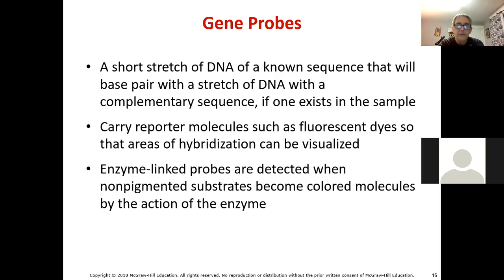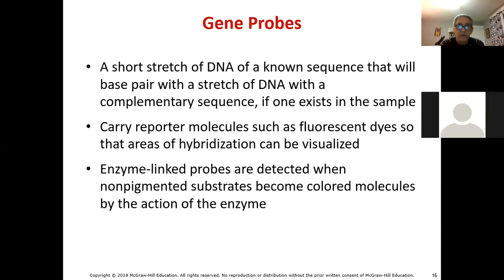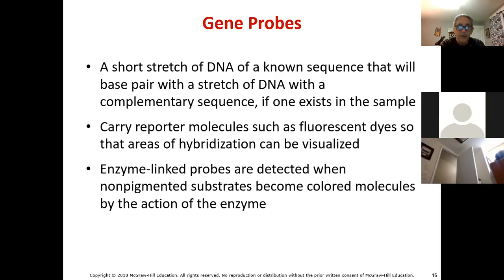A probe is a short sequence of DNA that will base pair with a stretch of DNA with a complementary sequence, if there's one in the sample. These molecules can have fluorescent dyes, so you can actually visualize the hybridization. Enzyme-linked probes can be detected when non-pigmented substrates are converted to colored molecules by the action of an enzyme.